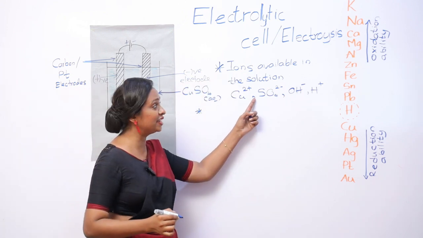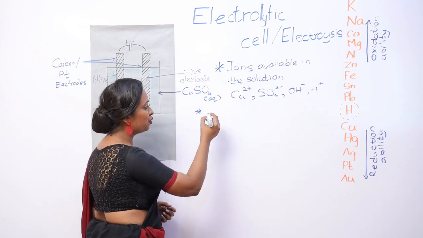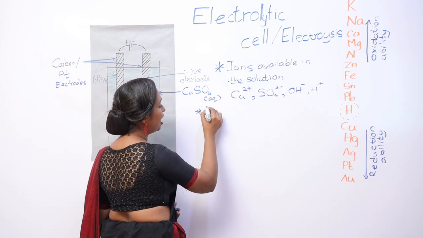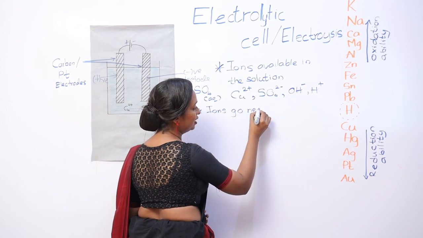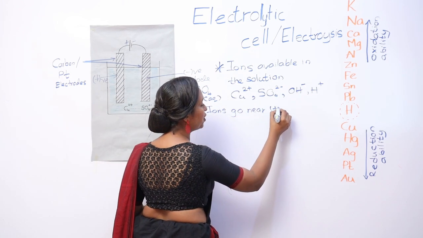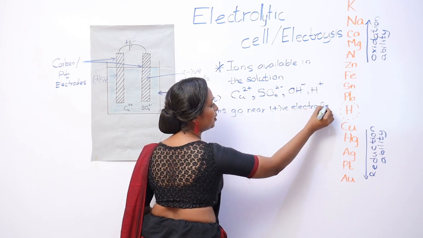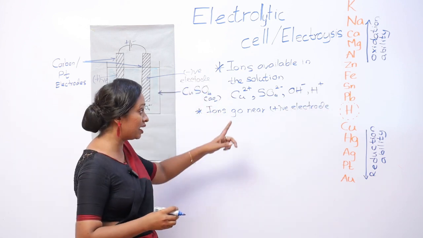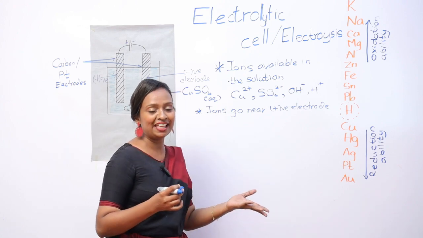First, identify what ions are available in the solution. Second, think about which ions go near which electrode. I will take the positive electrode first. Which ions go near the positive electrode? It's very easy: positive attracts negative.